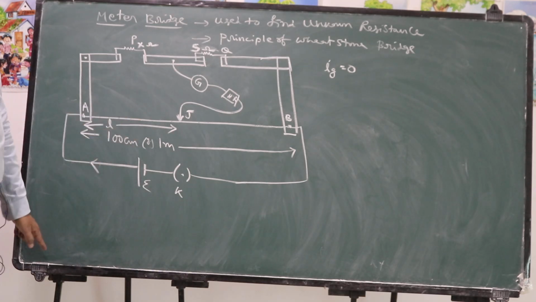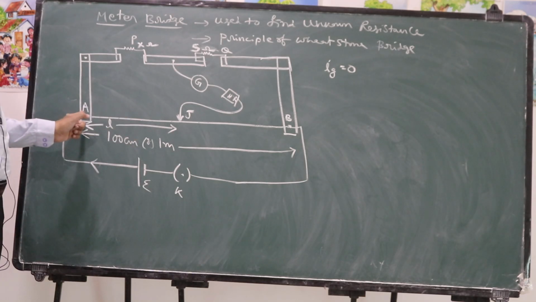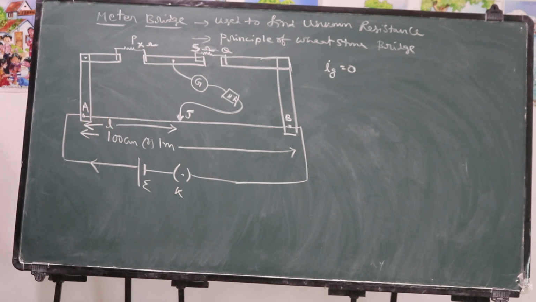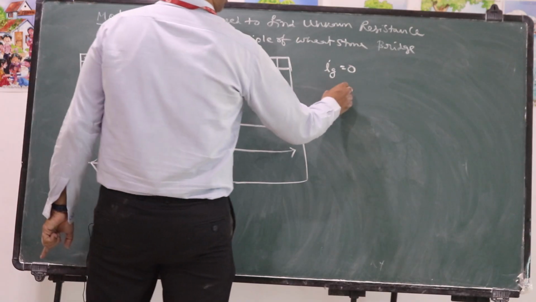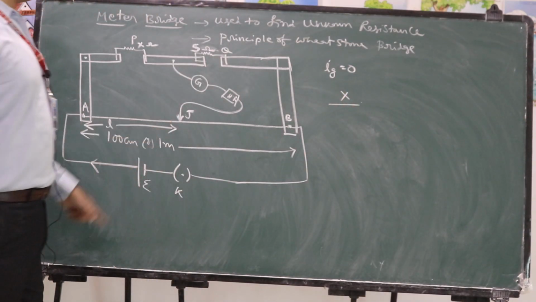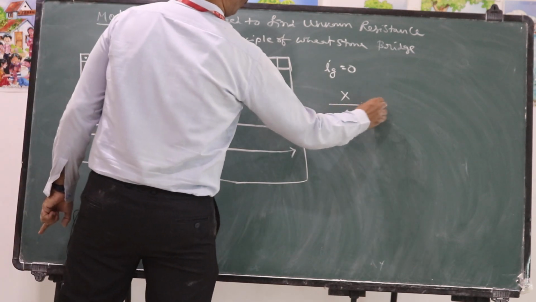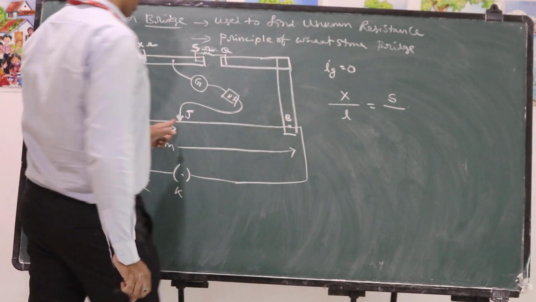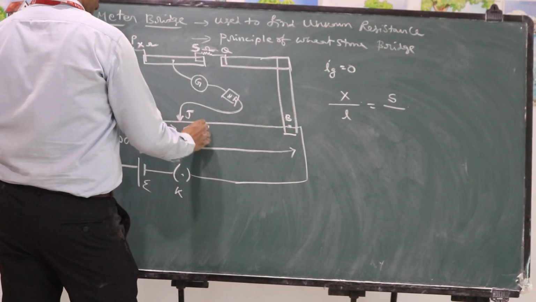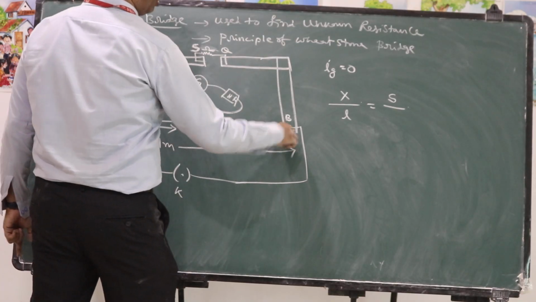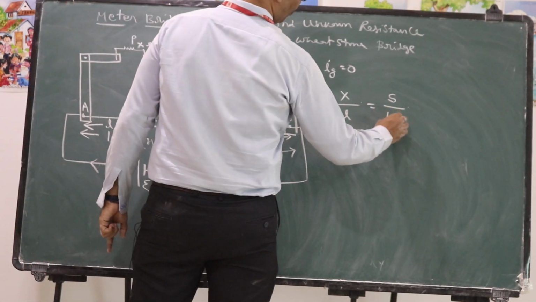Here resistance is proportional to length. So the resistance of the wire from A to J is proportional to its length, and directly I can take the length. So here X is the unknown resistance, and its wire length is L, equal to the standard resistance S, whose wire length is 100 minus L in centimeters.